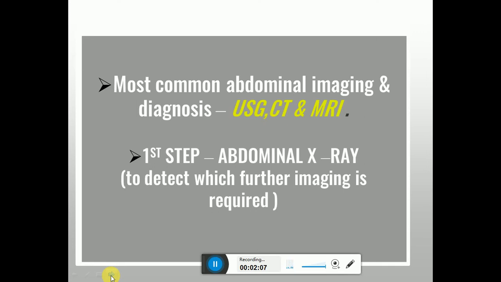The most common imaging used for the abdomen is USG, that is ultrasound, CT and MRI. These days they are more prevalent as compared to abdominal X-ray. But of course, the first step is definitely abdominal X-ray. This helps in screening which type of further imaging is required, whether it is USG, CT or MRI.